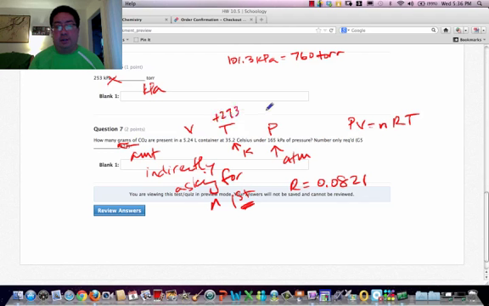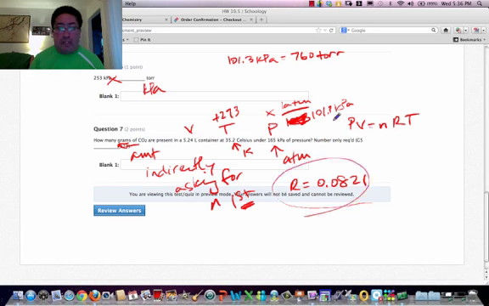For the pressure, you're going to multiply this times 1 ATM over 101.3 kilopascals. So that converts your pressure. You have your R, and now you can solve for N. So N equals PV over RT.